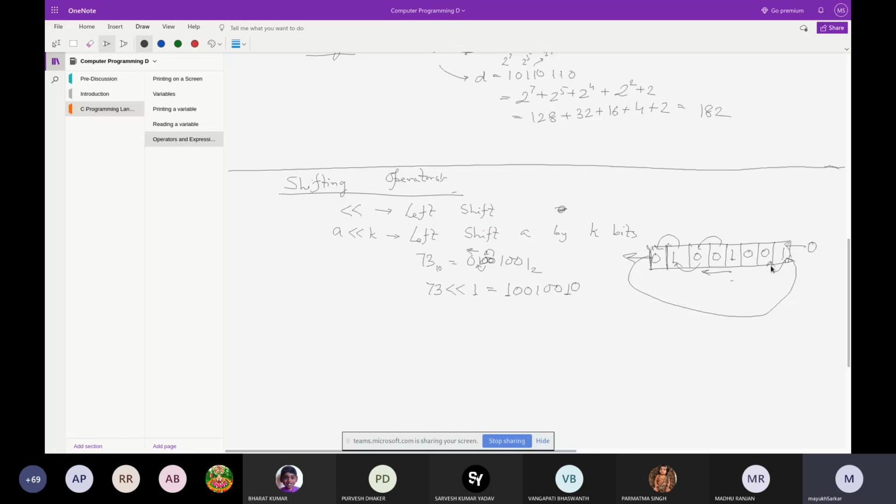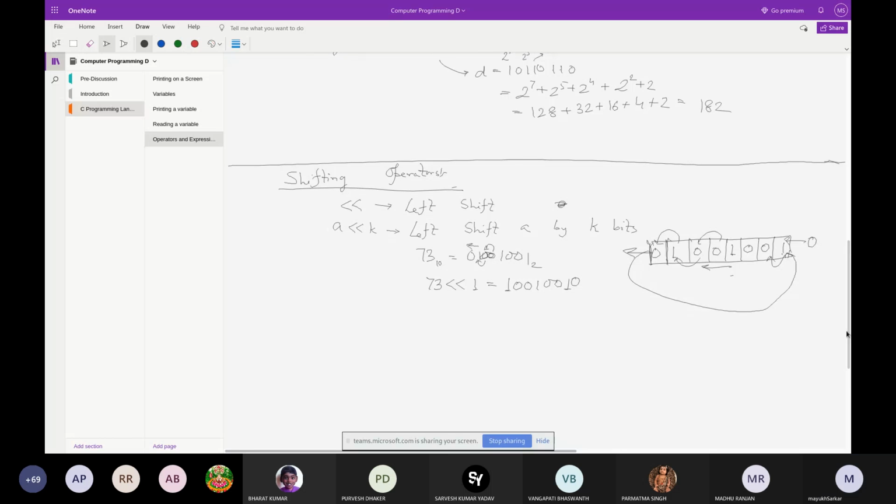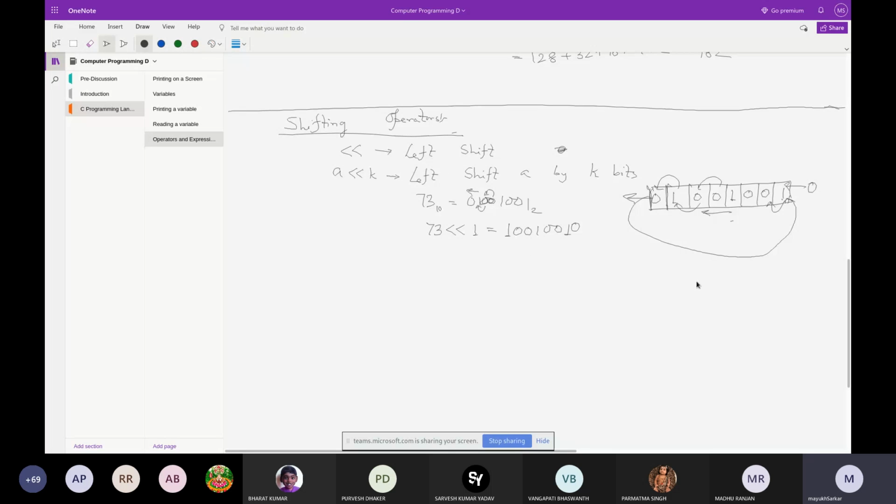There are three types of shift in architecture. One is this simple shift, where the first bit simply goes out and the last bit simply comes in. That's logical shift. Another is the arithmetic shift, which does not come in the case of left shift; that comes in the case of right shift.